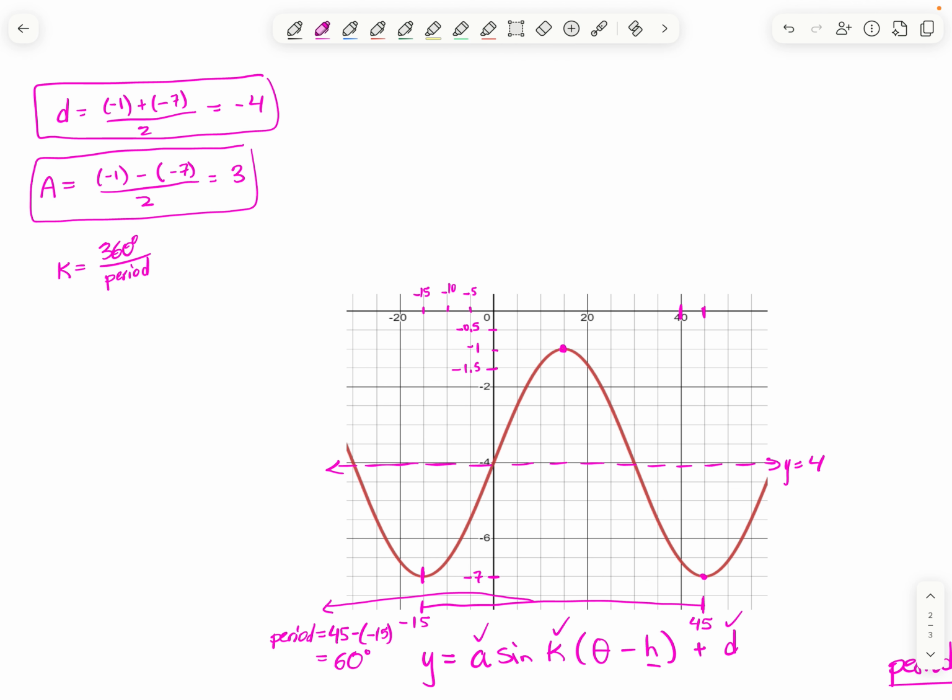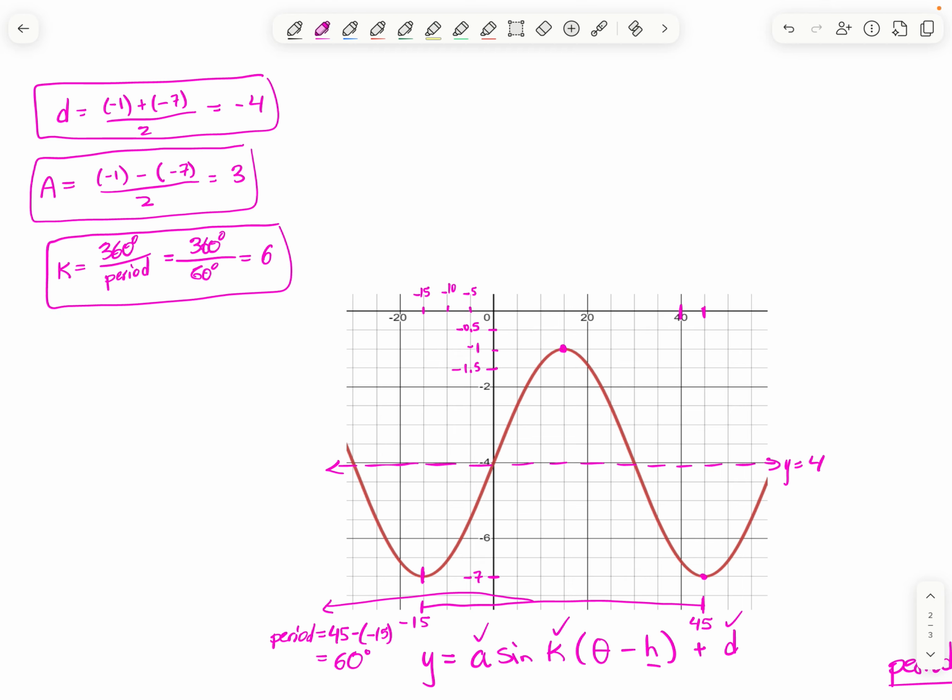If the period is 180, the K value is going to be 2. So whenever the period is smaller, the K value is bigger, right? That's why it's 360 divided by the period. So 360 divided by 60, that's going to be 6. Okay, so my K value is 6.